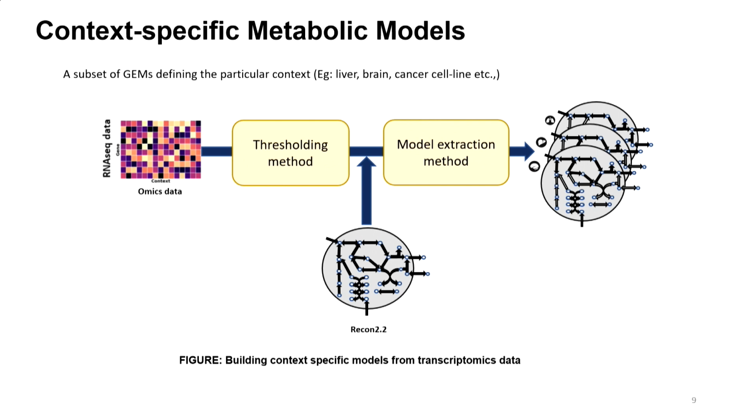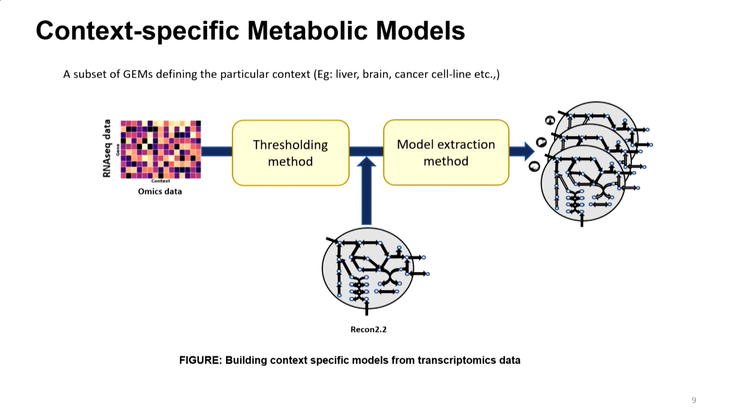Then I get RNA-seq or transcriptomics data for that context, with gene versus expression level in different contexts, and use some thresholding method which allows me to identify certain core reactions, and use a super structure of reactions, which is currently Recon 3 or Recon 2, along with this thresholding method and a model extraction method to get different kinds of models for different contexts. Then I can use this model for whatever downstream task, in terms of simulations: whether I want to understand what reactions are taking place, what the flux through them is, and if I perturb it, what kind of reactions change, etc.